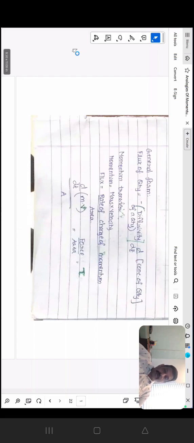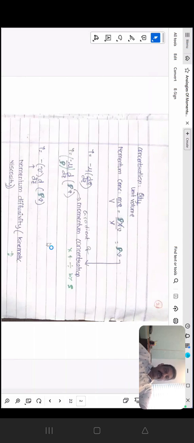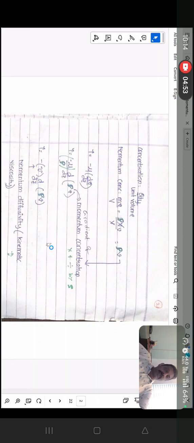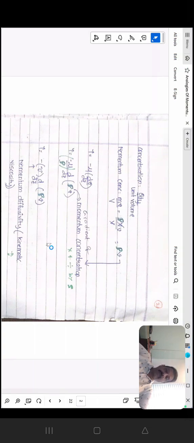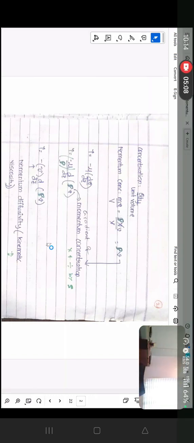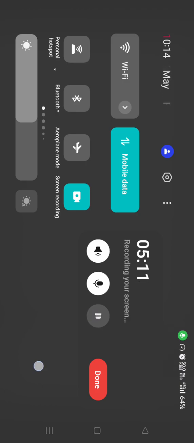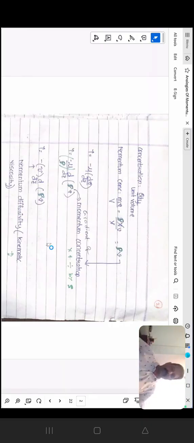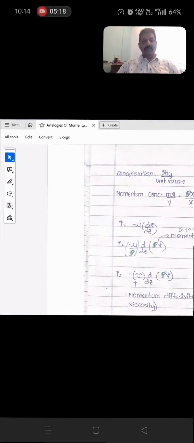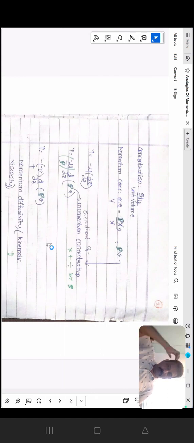Okay, let me repeat. Concentration is quantity per unit volume, or momentum concentration is m into v by capital V. Mass is nothing but density into volume. So momentum concentration is m into v by total volume; mass is density into volume into v. So you understood this is rho into v.